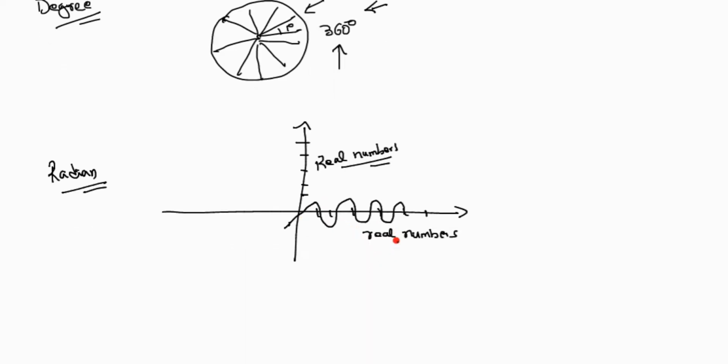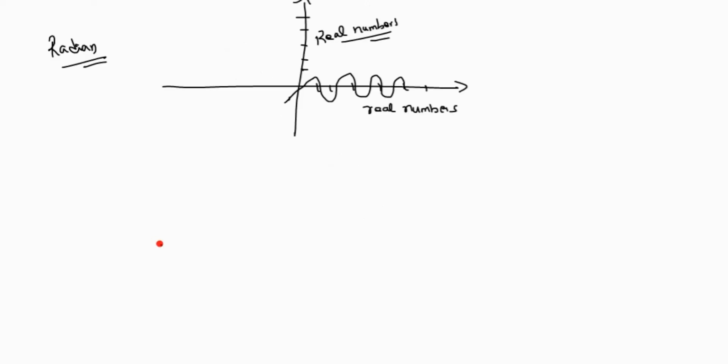So mathematicians came up with an idea of taking a unit circle. We can take any circle, but anyway it gives the same value because all circles will be in proportion.